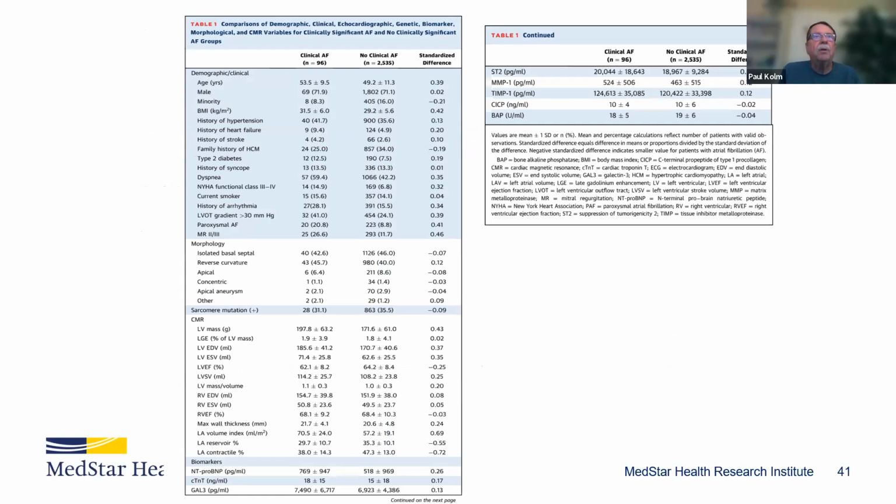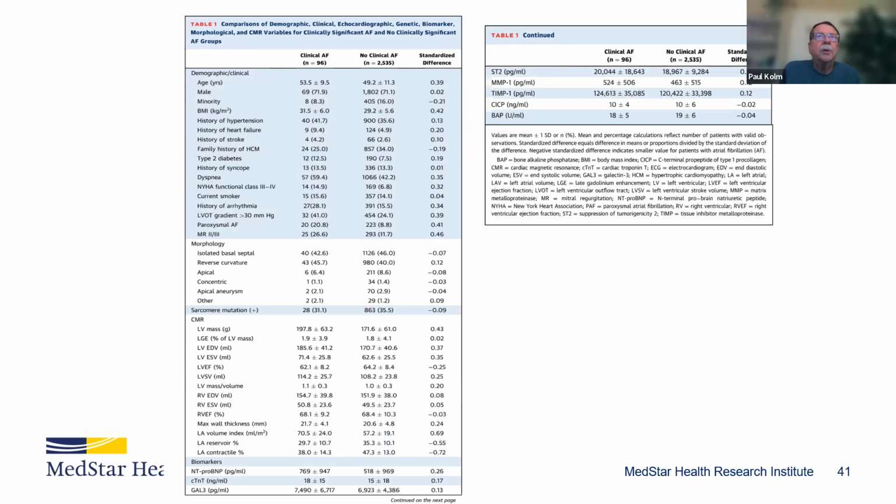Here's a list of all the variables that we want to include as potential predictors of atrial fibrillation. You can see that doing least squares regression is going to be difficult here with so many predictors.